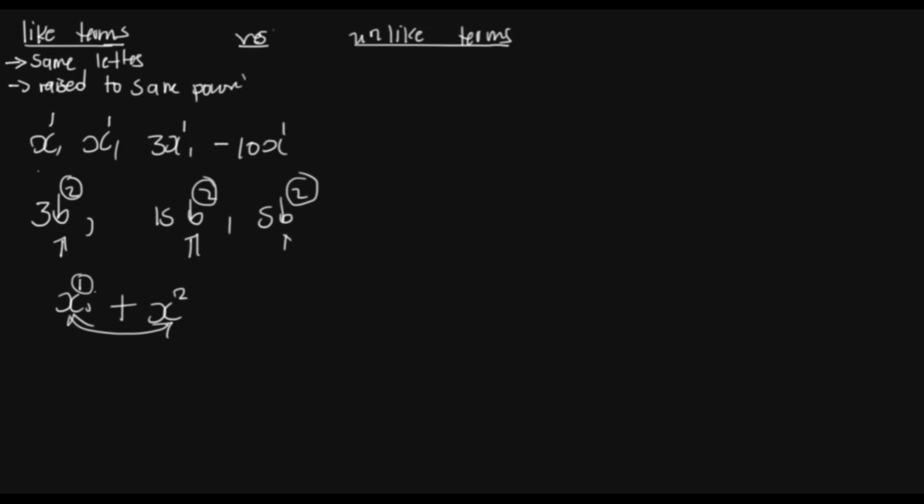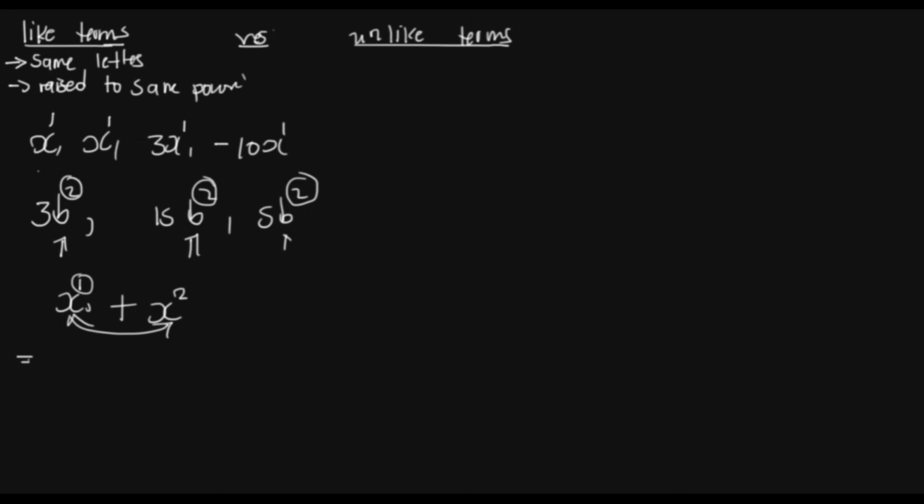So for terms to qualify to be like terms, the first statement is there should be the same letters. Then the second statement is they need to have the same powers.